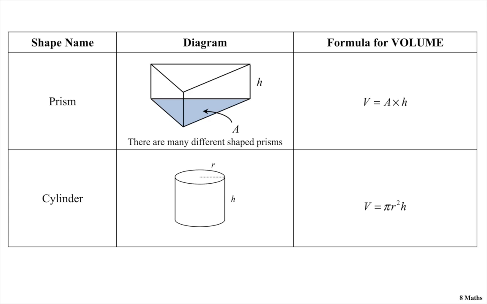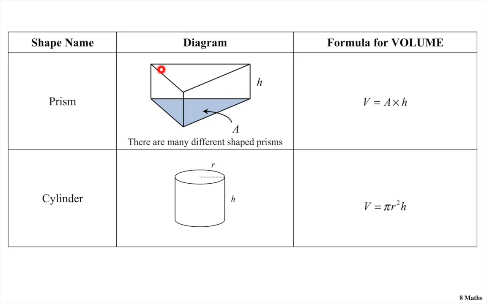Now, when we deal with our formula for a prism, the volume is the area of one of the end pieces, the shape of the slice if you like, times by the height, and the height is the distance between the front and the end slice.